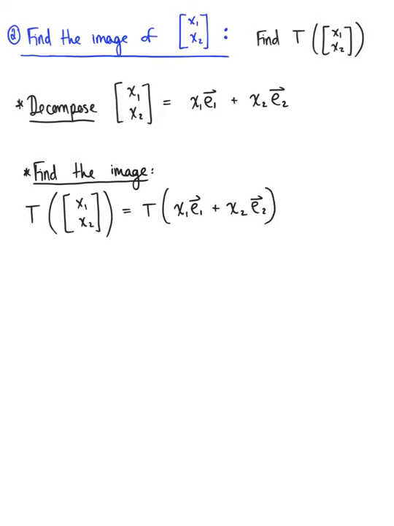And we'll make a little love note here to ourselves that since t is a linear transformation, we know that this is closed under vector addition and scalar multiplication. So we can further decompose this image and say that this is equal to the sum of the scalar multiples of these images.